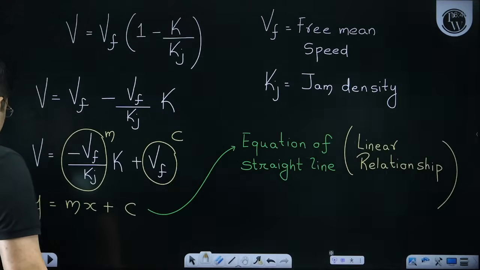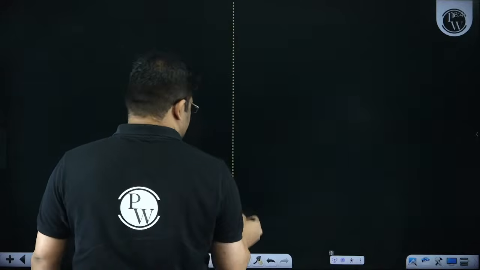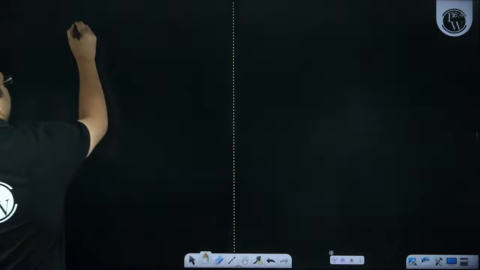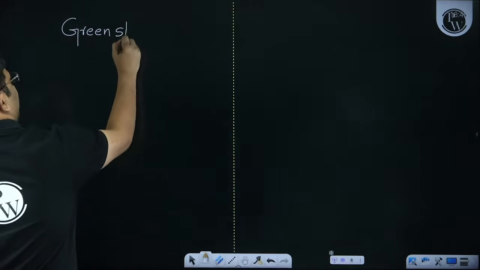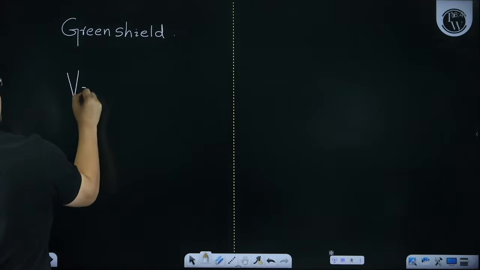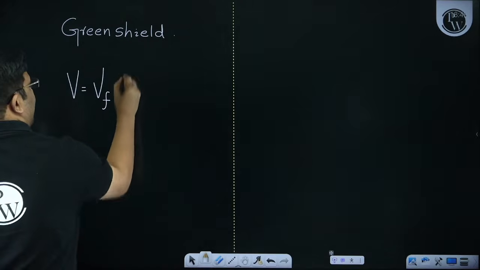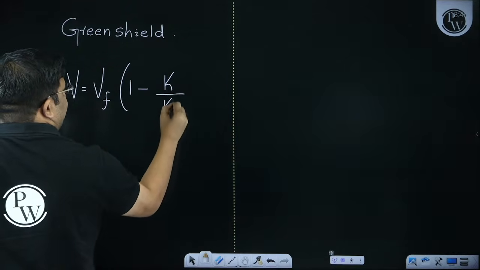So I will again distinguish between the two. The Greenshields model is a linear model, and V is equal to Vf into 1 minus k upon kj.